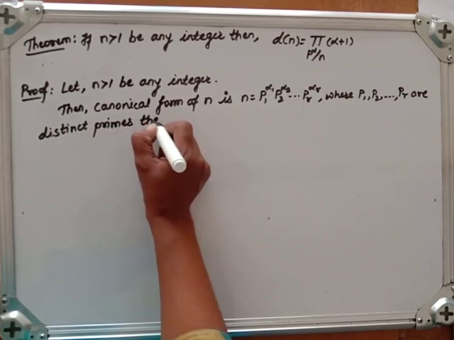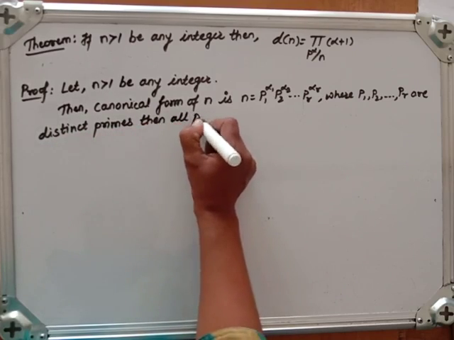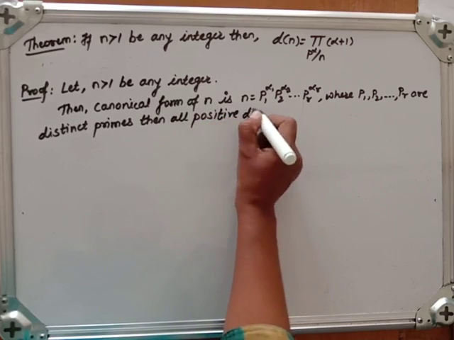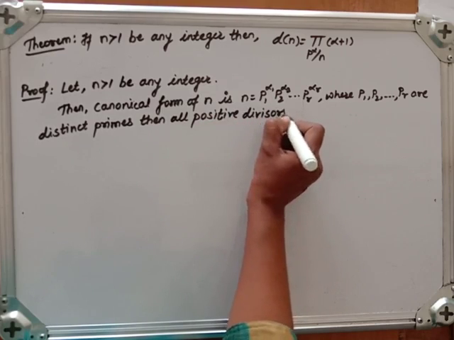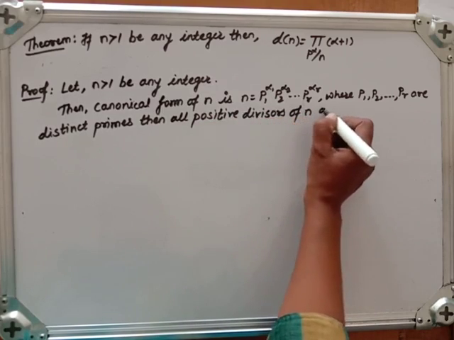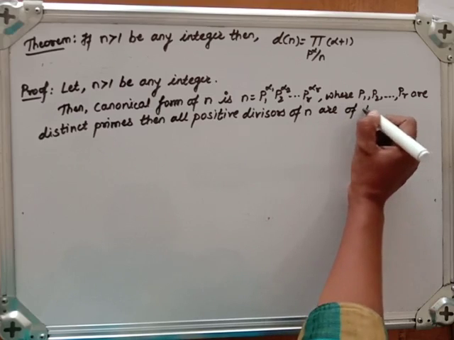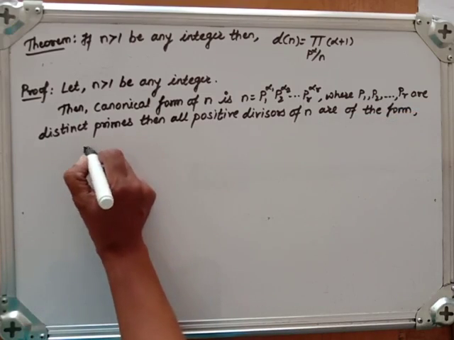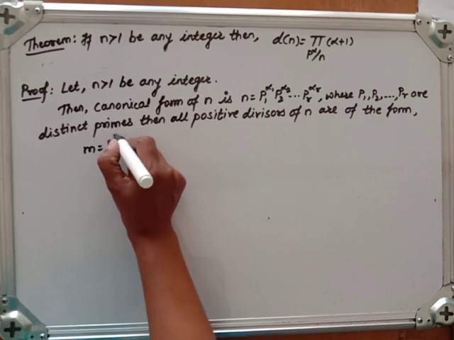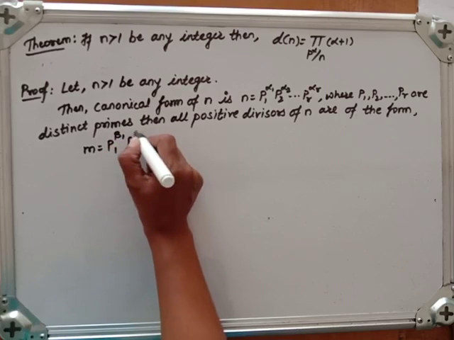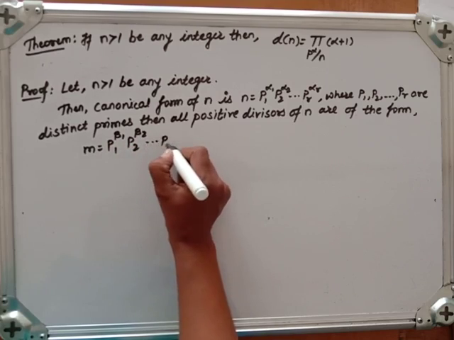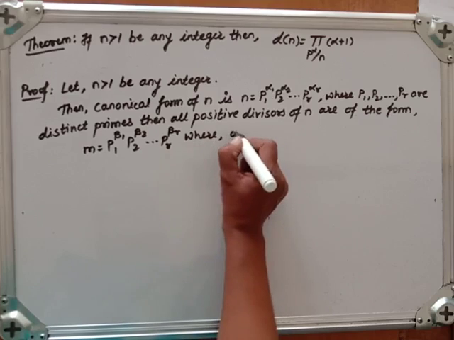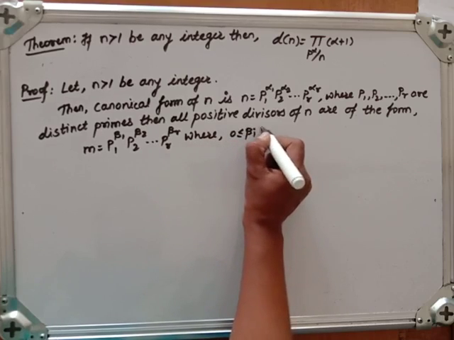Then all positive divisors of n are of the form m equal to p1 raised to beta 1, p2 raised to beta 2, and so on up to pr raised to beta r, where 0 is less than or equal to beta i, which is less than or equal to what?